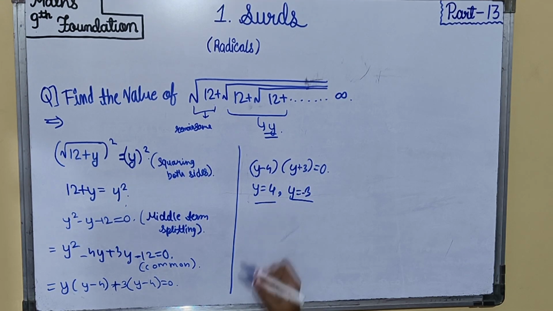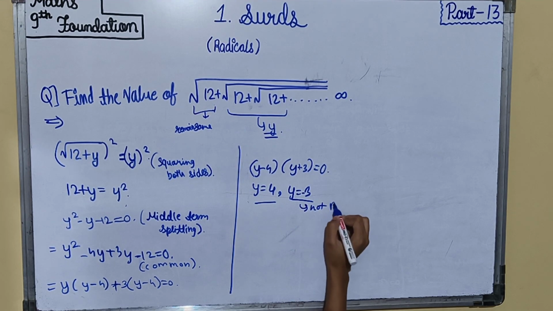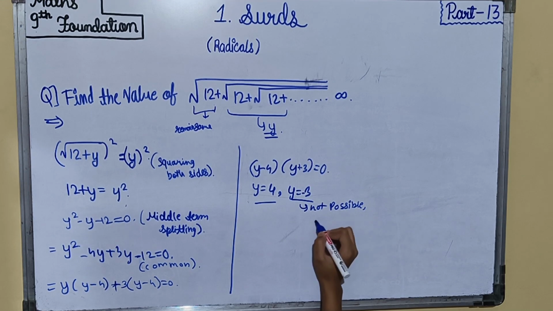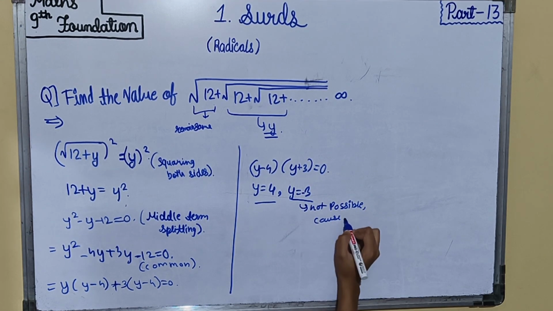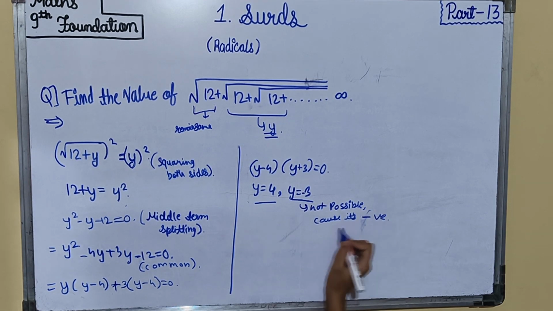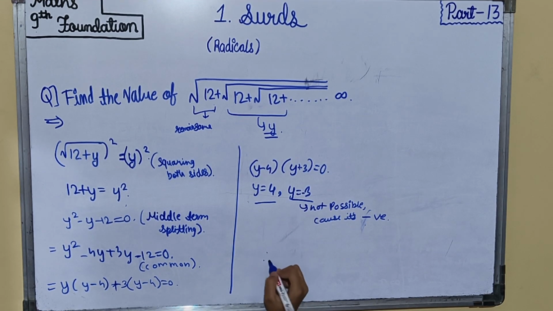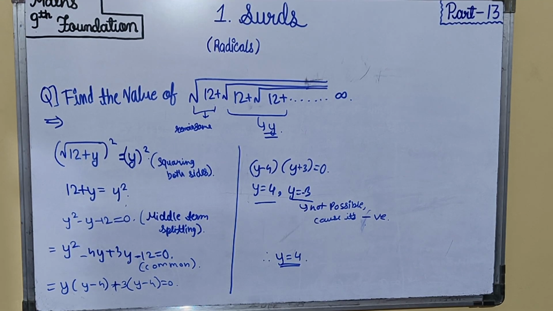So this number is not possible because it's negative. So every time we should take a positive number. Therefore y would be equal to 4. And this is our answer.